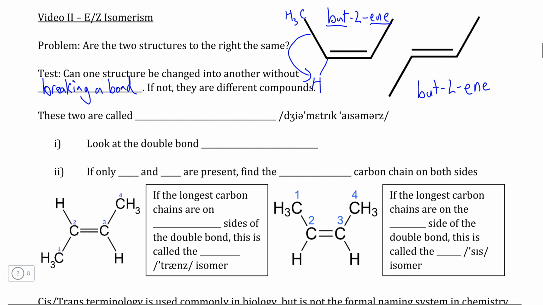And because the double bond basically prevents us from being able to rotate this around, the only way for us to get this carbon 1 down here in this position where the hydrogen already is, is to break this bond here and break the bond with hydrogen and actually flip the 2 atoms around. And if we do that, we would end up with the molecule in this position like this.